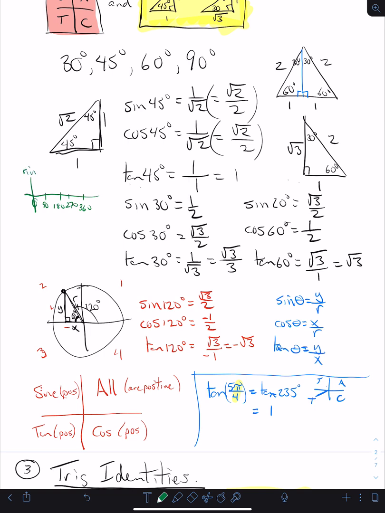Sine is positive all the way to 180, then negative. So sine is positive in the first 2 quadrants. Cosine is positive in the first quadrant, negative in the second, negative in the third, positive in the fourth.